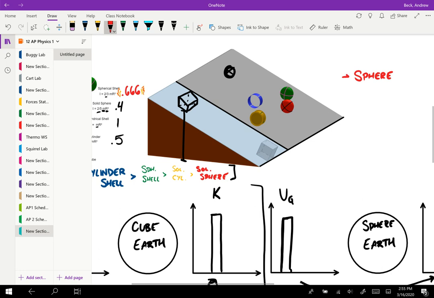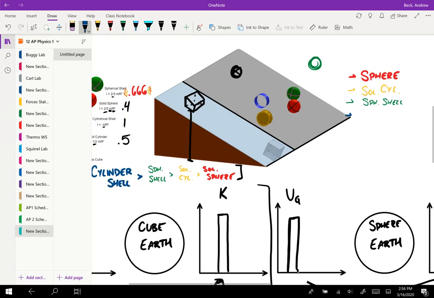Then it looks like our solid cylinder. Then it looks like we have our spherical shell, which is just kind of like a ball, right? Where there's no mass in the middle, all the mass is on the outside. And then our cylindrical shell.